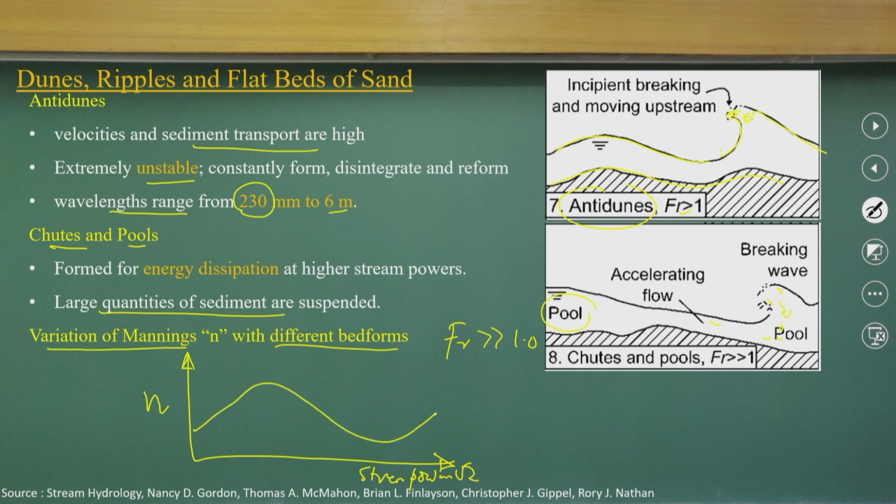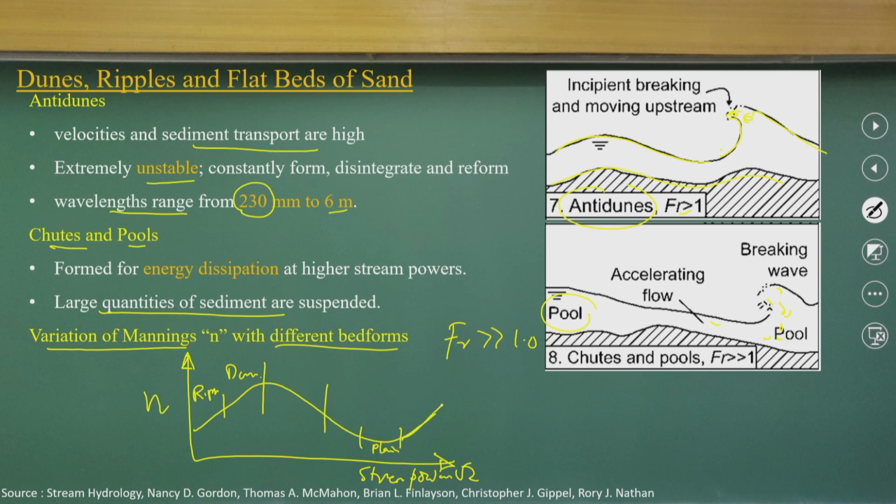The first part is ripple, the second part is dune, then we have a transitional stage, then you have a plane surface. In the case of the plane surface, the n value will be low. In the case of the dunes, it will be a high n value, high flow resistance. Then as it goes to antidunes, it will increase.